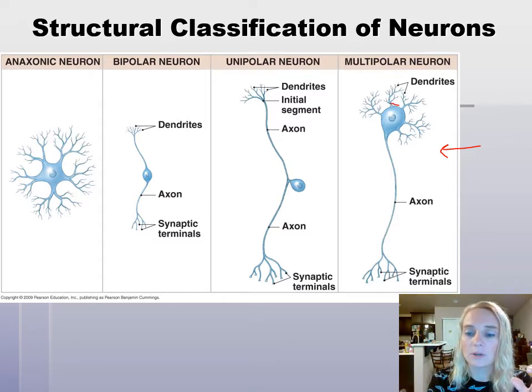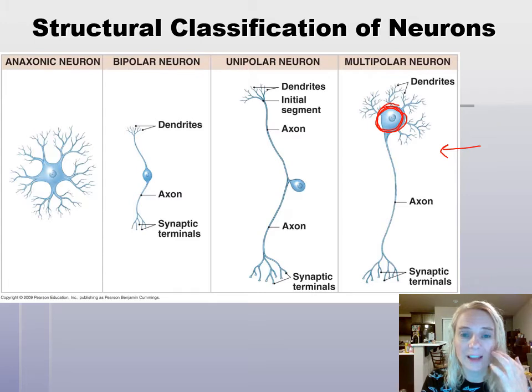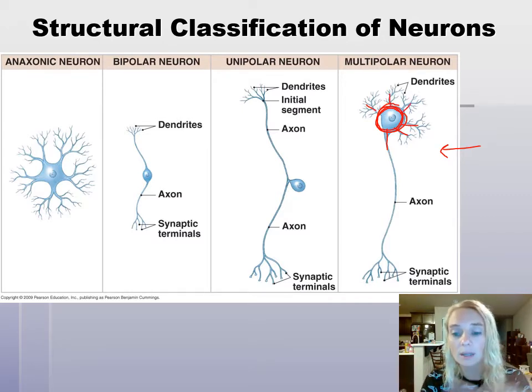If I draw a circle around the cell body, there's one big branch for the axon, and then multiple branches coming off for the dendrites. So this is called multipolar. It's all about what's happening off of the cell body when we name these types of neurons.